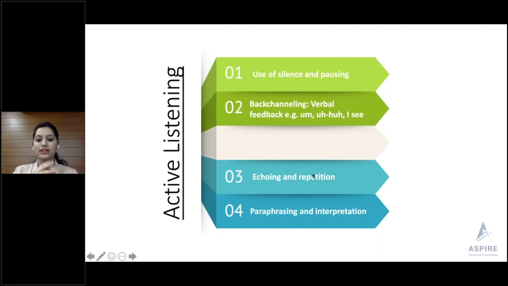Echoing and repetition. This again is what I said: when they end a sentence with a piece of information, just say the same thing back to them to show that yes, I was listening and I know what you're talking about. Then paraphrasing and interpretation.